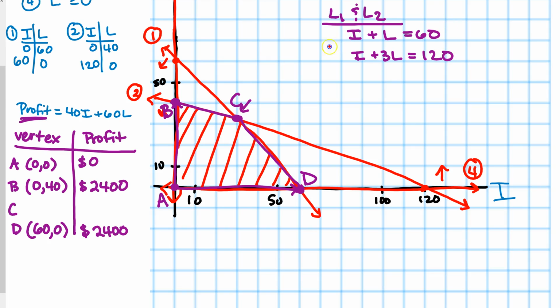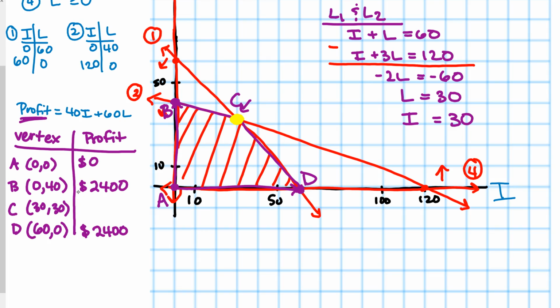So suppose we use elimination and we subtract the two equations. We will have negative 2L equals negative 60, so L equals 30. And substituting that back in, we get I equals 30. Now, does it seem to you when you look at your graph that that point could be the point 30, 30? That seems logical to me. So C is 30, 30.